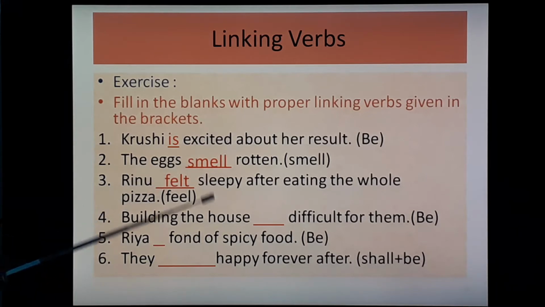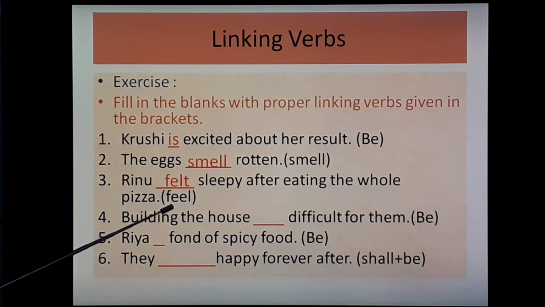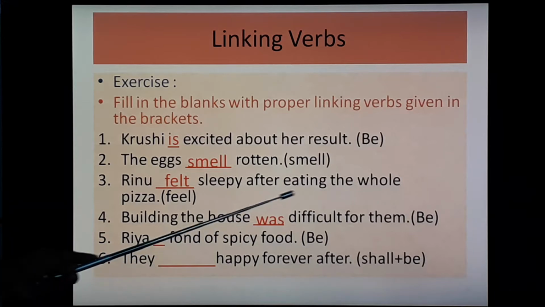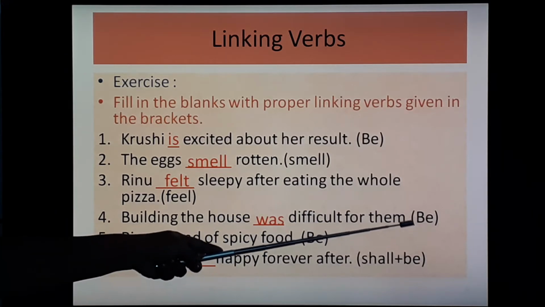Renu felt sleepy after eating the whole pizza. In the bracket feel is given. So here felt. Building the house was difficult for them. Be form, to-be form, is, am, are or was, were.